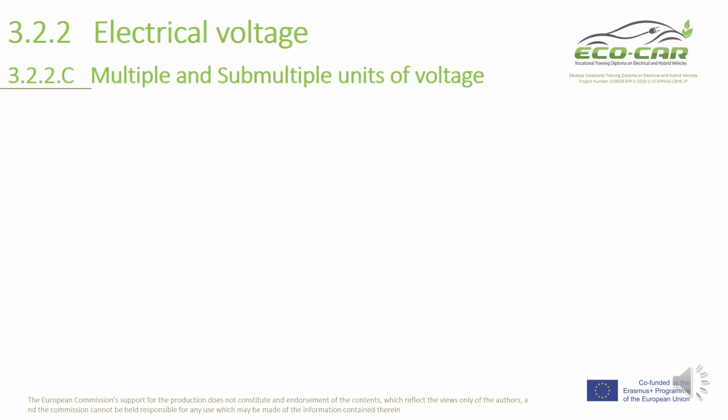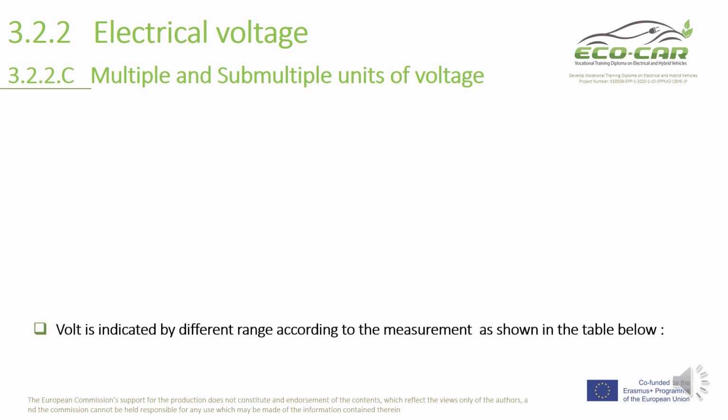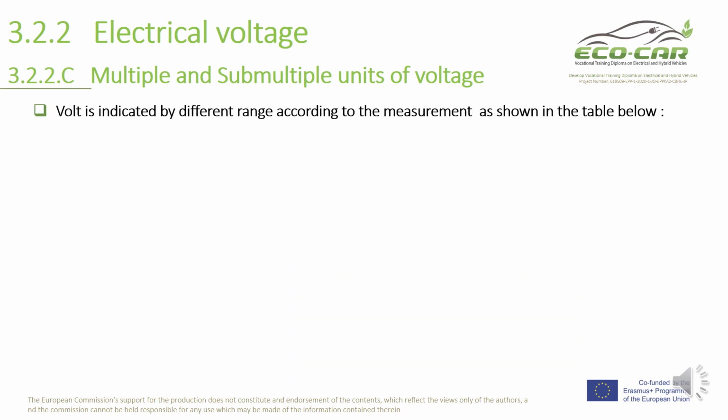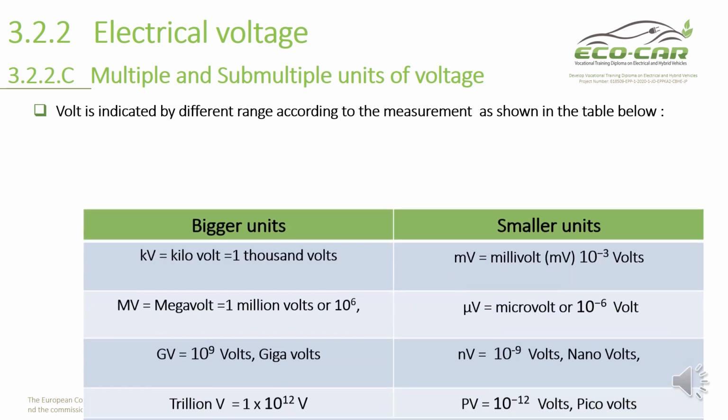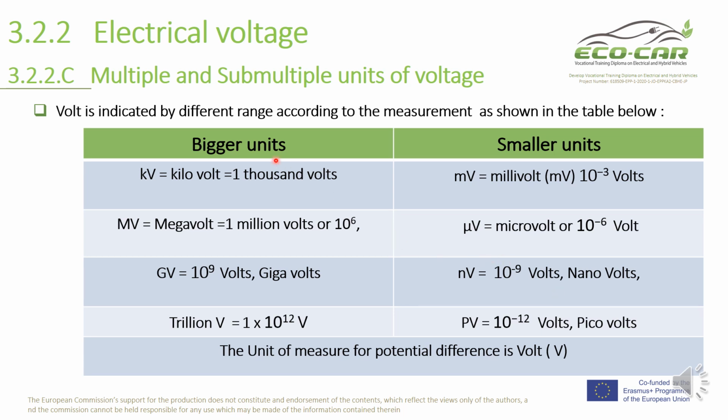Multiple and submultiple units of voltage. Volt is indicated by different ranges according to the measurement, as shown in the table below. We have here bigger units of voltage and smaller units of voltage. We can see kilovolt equals 1000 volts.